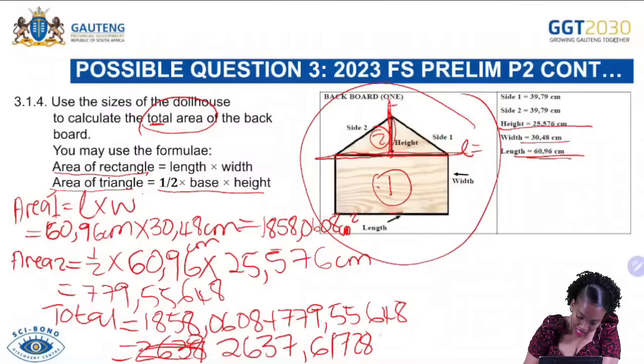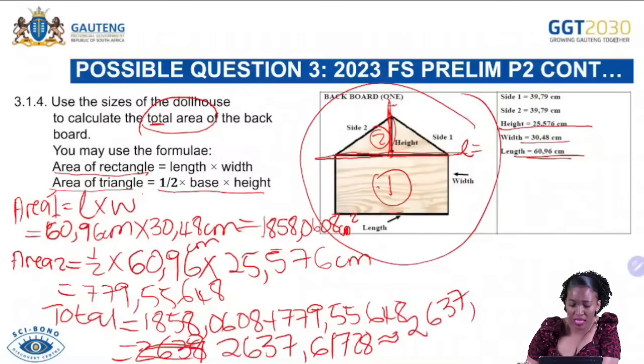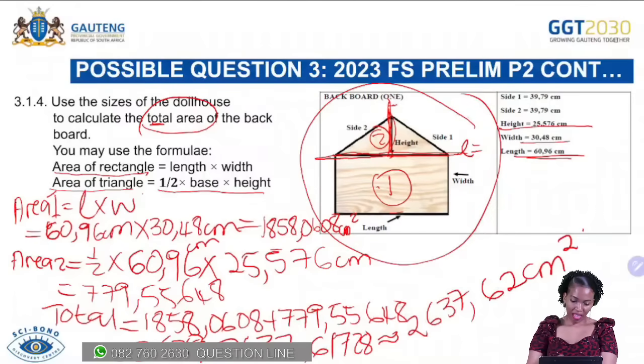Because this is our final answer, then we can round it off to 2 decimal places. I think that would be fine. 2,637.62, and what will be the unit? It is centimeters squared. That is the answer.